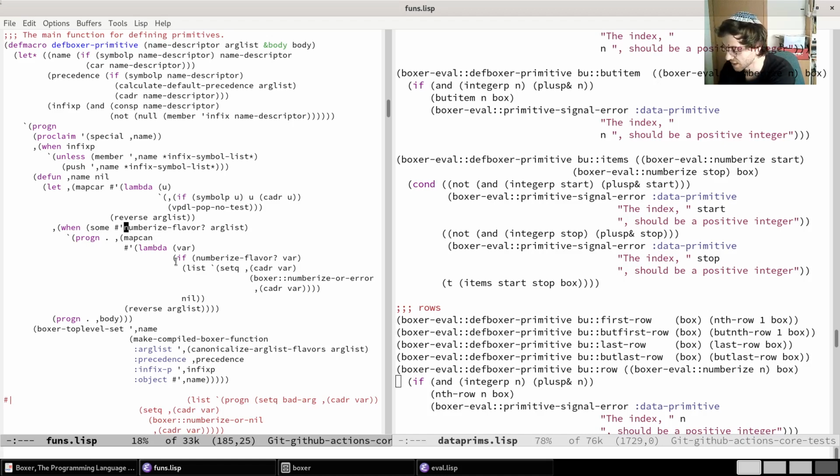Now we are just looking at what kicks in when the argument was declared to be a number argument, like we saw here, for example. The items primitive takes a number of where to start, like an array access, where to stop, and the box it is going to slice. So this argument will be converted to a number.